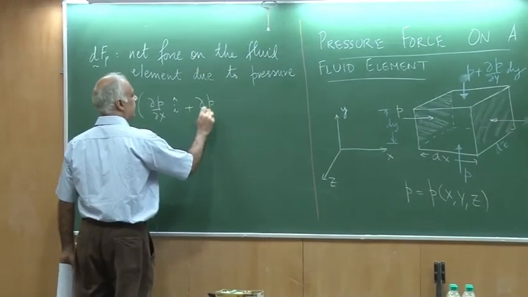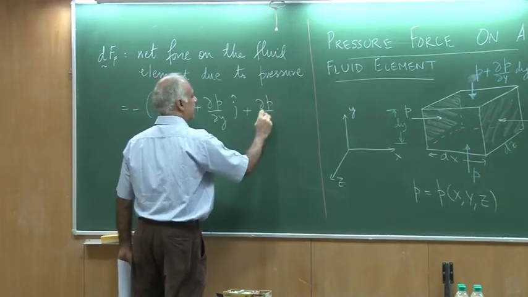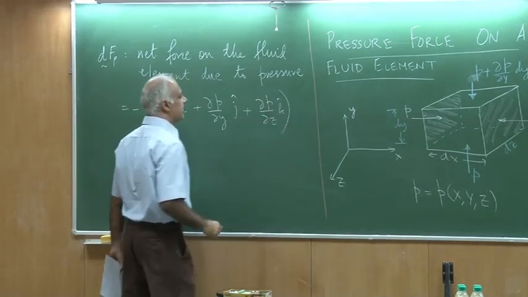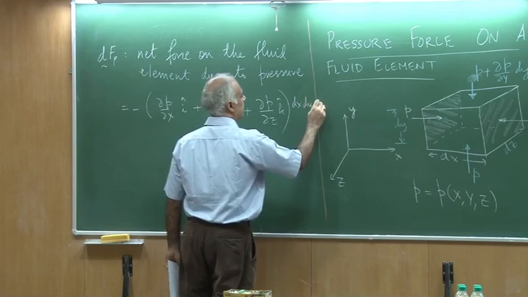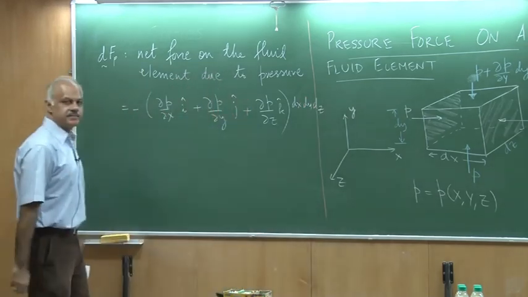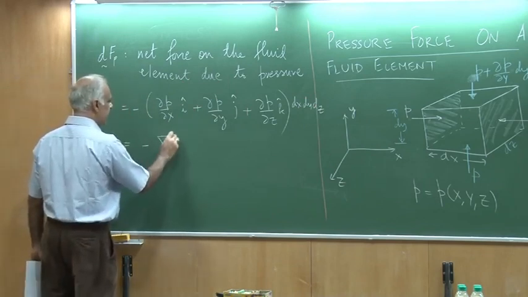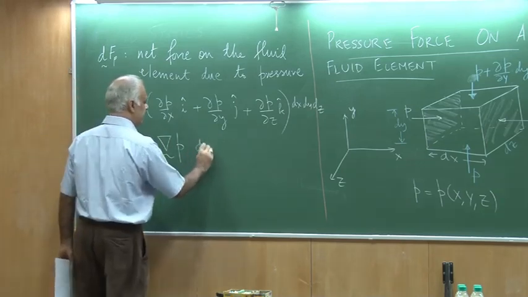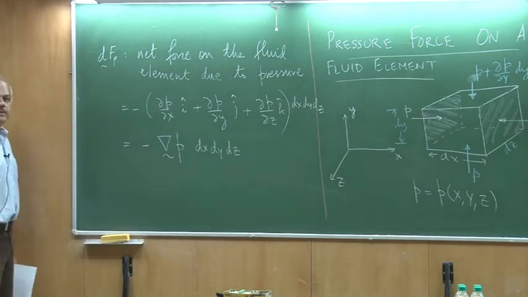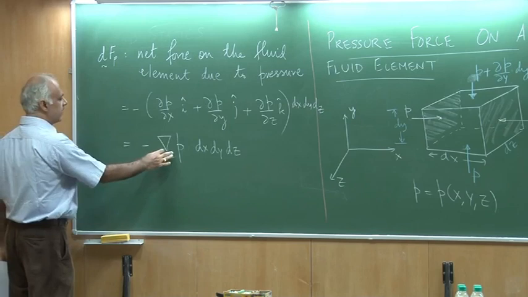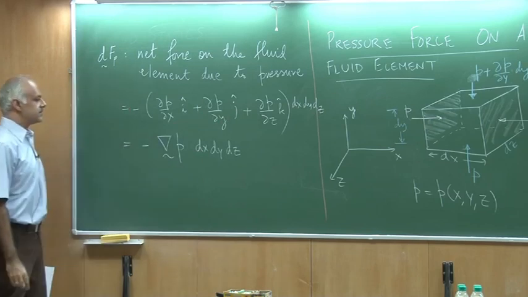Similarly, del P by del y in the j direction and del P by del z in the k direction, times this dx dy dz. Okay. I could in fact write it as minus gradient of P dx dy dz. Okay. So this is a very compact notation where I have already shown you what is meant by the gradient operator. So it has three components which are listed over here.